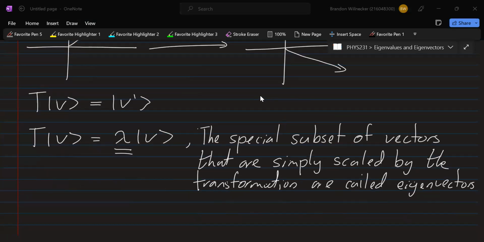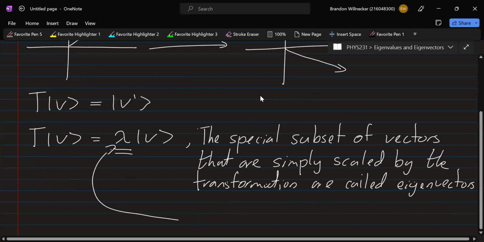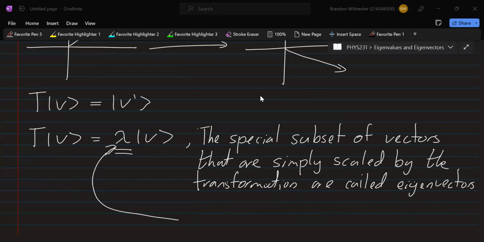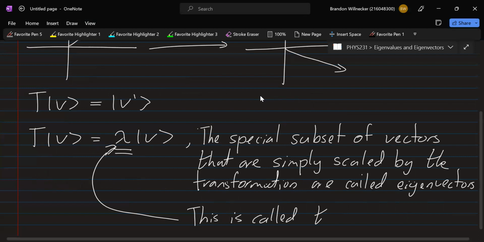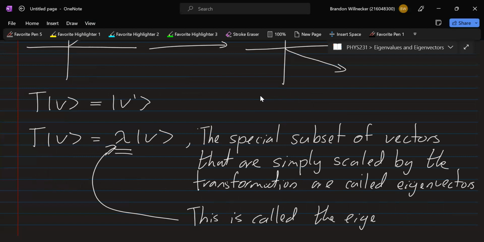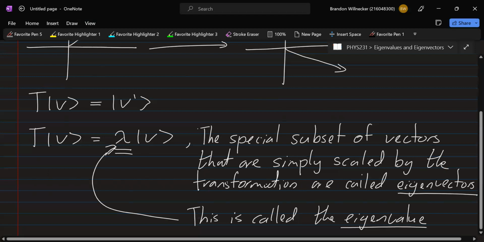And then the scaling amount lambda, this is called the corresponding eigenvalue. Yeah, so we have eigenvectors and corresponding eigenvalues.